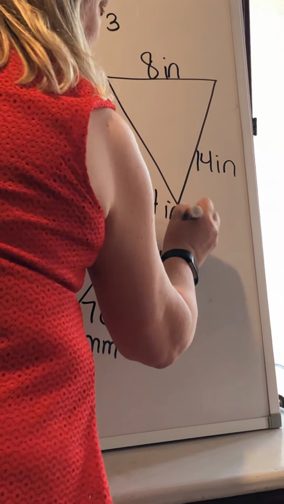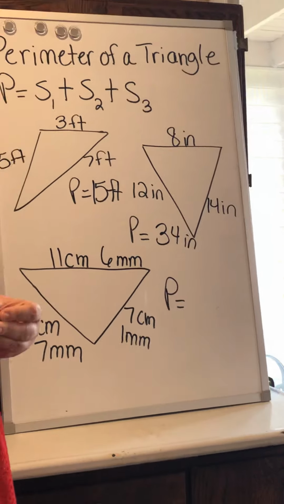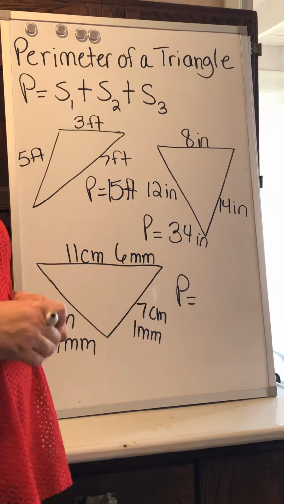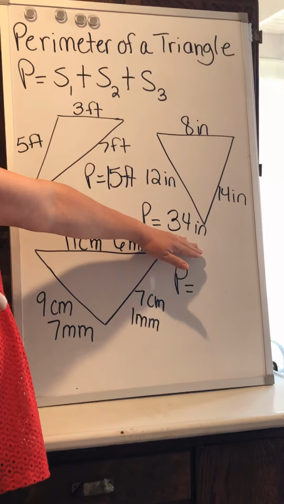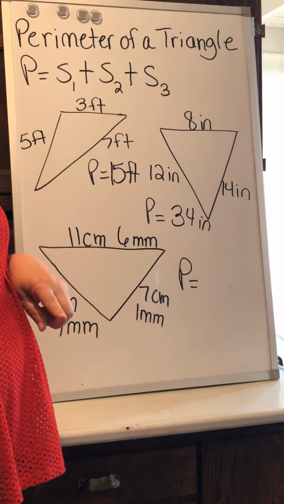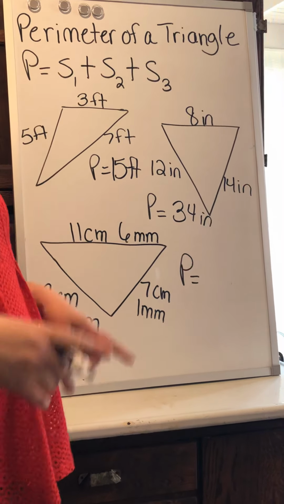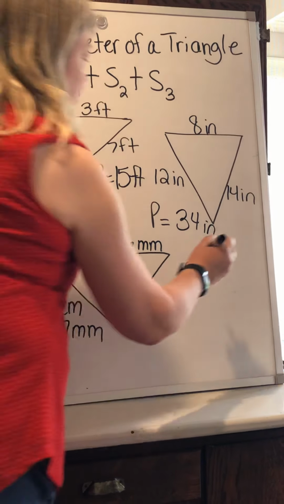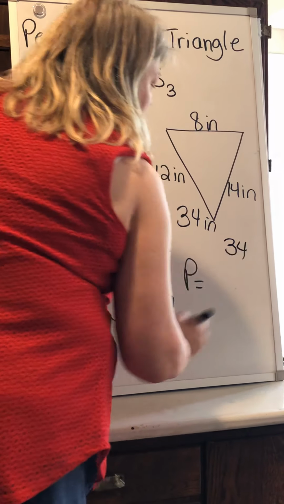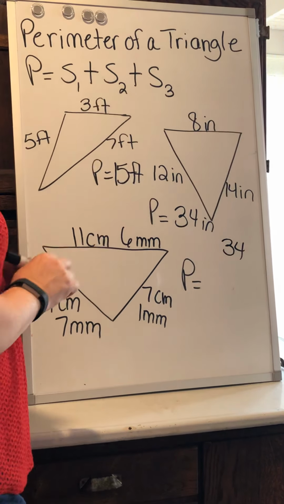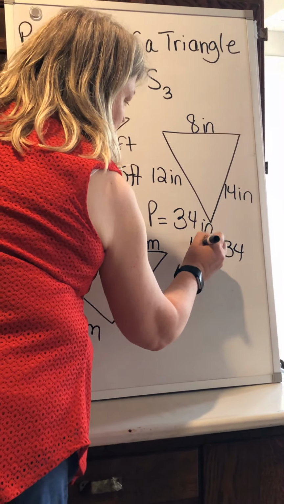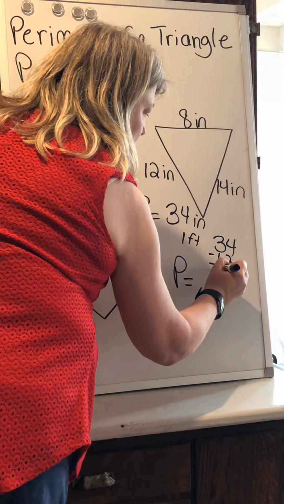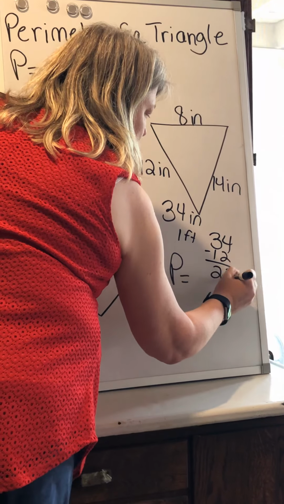Now, for those students of mine that are going into math only or looking at doing some advanced math, we're going to convert this, okay? How many inches are in a foot? You're probably going to get sick and tired of me asking that, but 12 inches to 1 foot. So if we have 34 inches, we have enough to take away 1 foot. I'm going to put 1 foot right here, take away 12, and we're left with 22 inches.